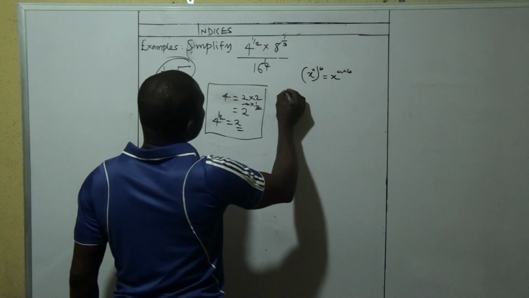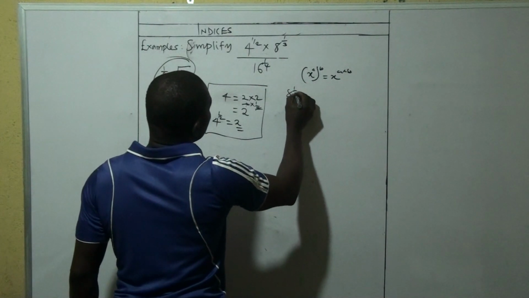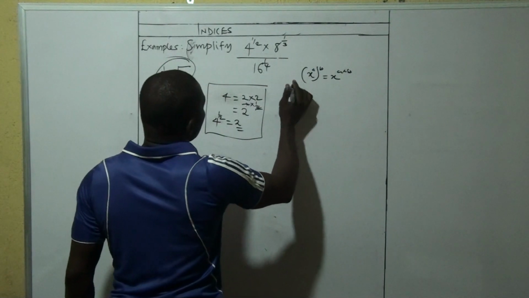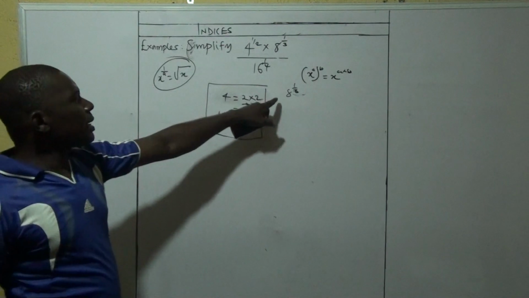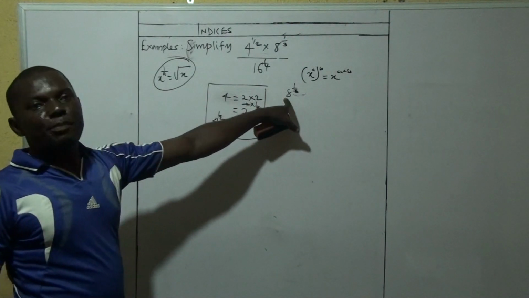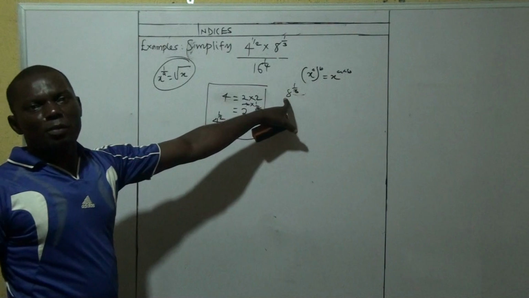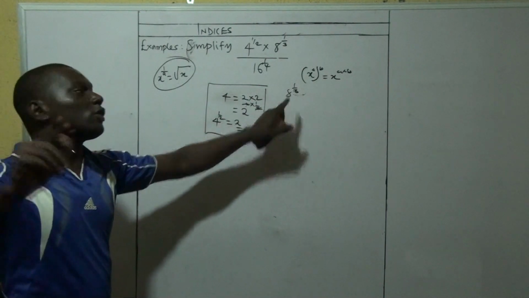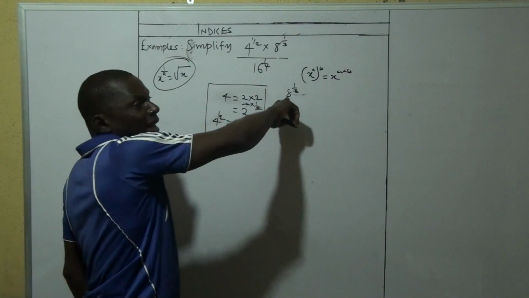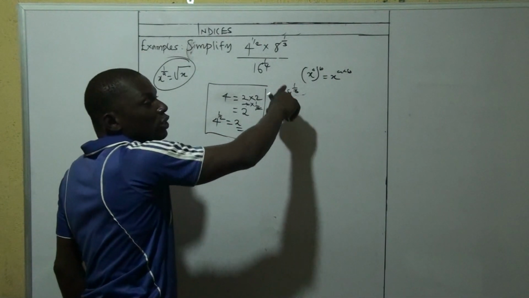Then let's come to 8 raised to power 1/3. So we're going to express this as prime factors. Prime factors are those numbers that have only 2 factors. So here we can express 8 as a prime factor using 2.